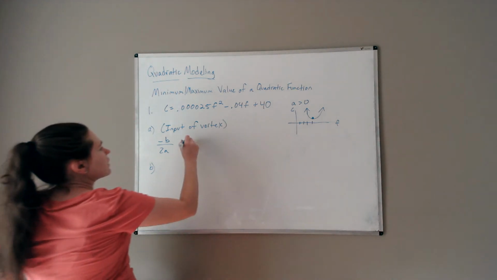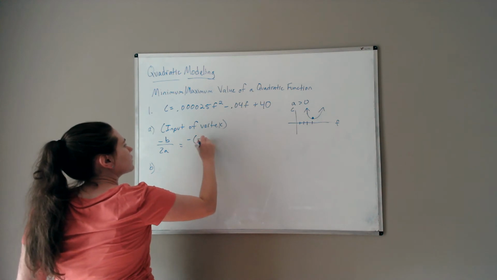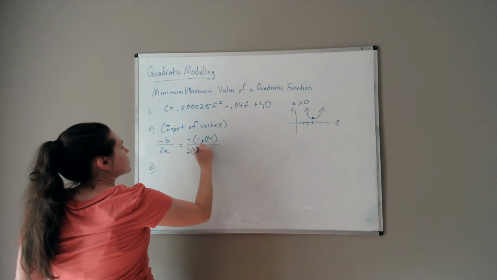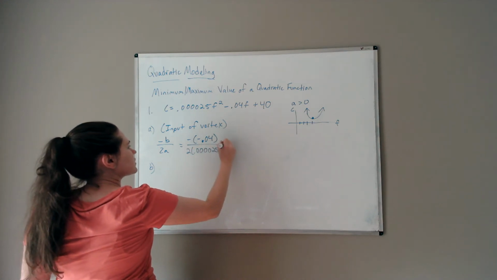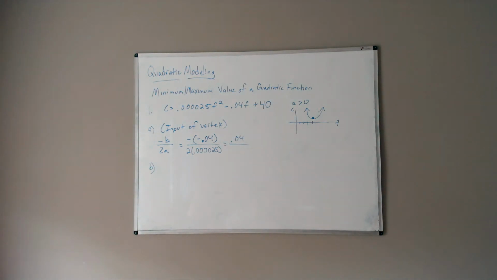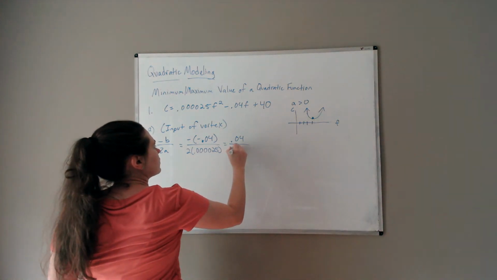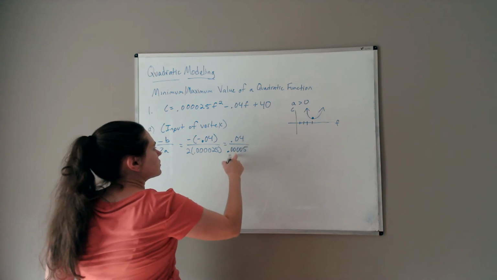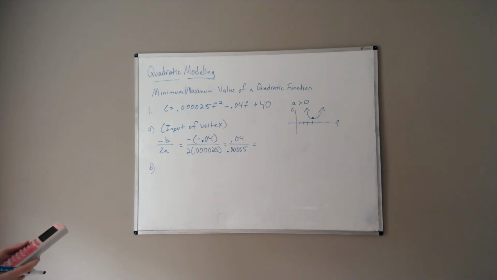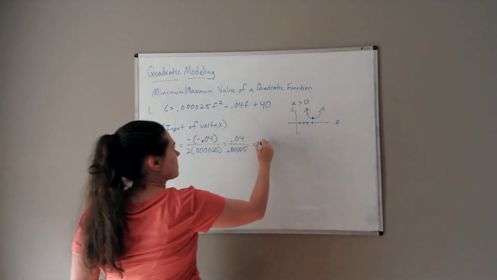So that's negative 0.04 over 2 times 0.000025, which is 0.04 over 0.00005, which gives us 800.